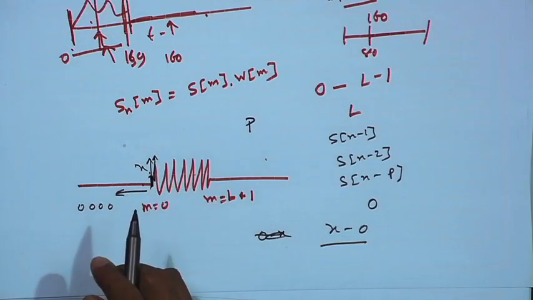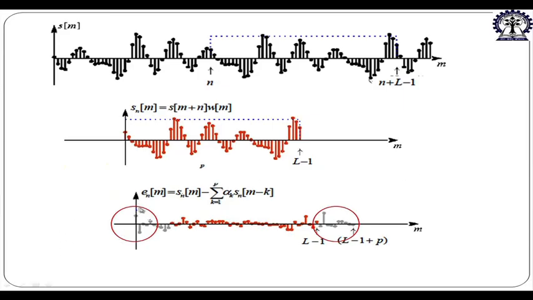If I see the error signal, at the beginning the prediction error will be maximum, because here my window starts, this is my sample, and outside the window the signal is 0. Those samples are not there, so I forcefully make them 0 by windowing. Once I make them 0, I am estimating the first sample from all 0 samples. So, I get the estimation 0, and the error is the sample itself.